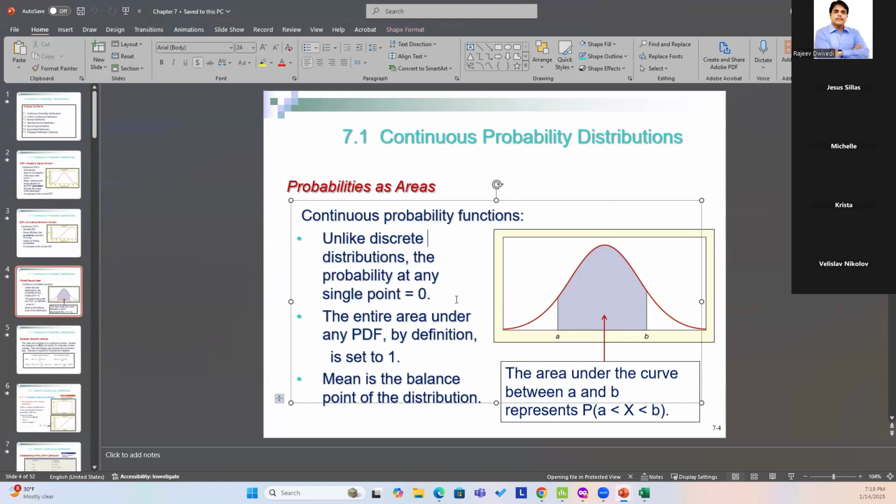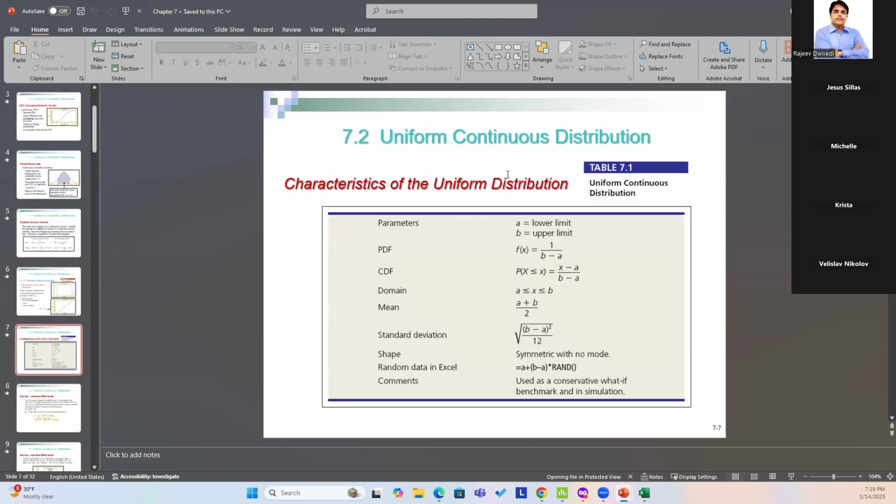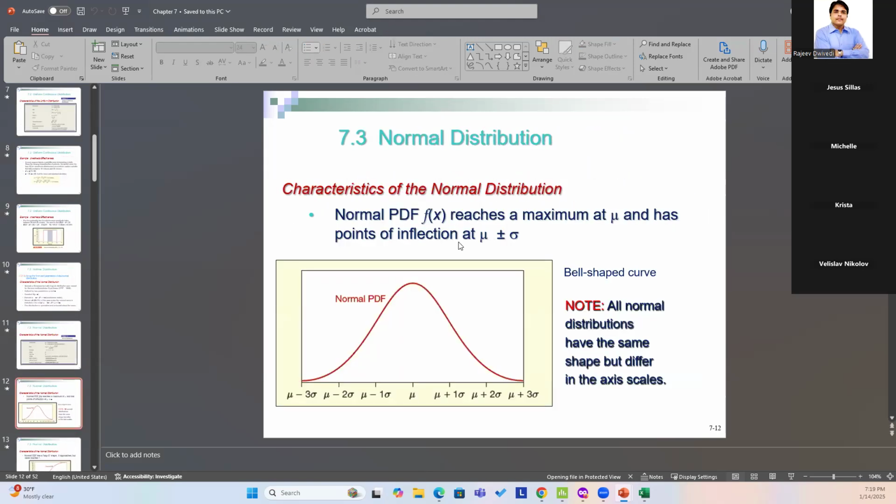Remember, if I ask what is the probability at 1 in continuous distribution, you blindly say 0, because that's 0 by rule. It only gives the area. Whenever you see area between 2 points A and B, in this chapter you always look for area.